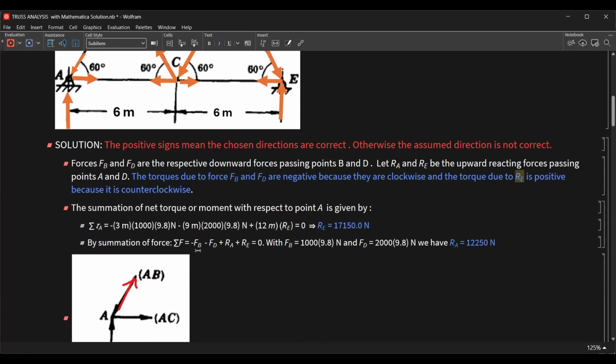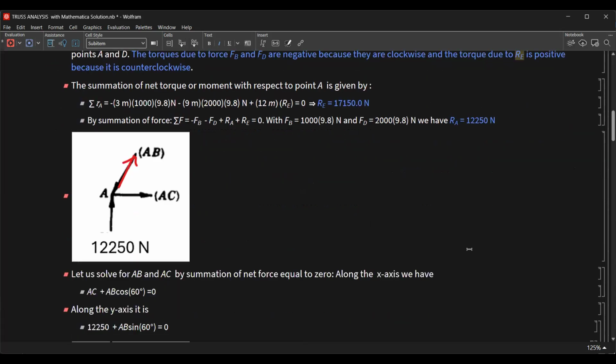By summation of forces, negative FV, negative FD plus RA plus RE equal to 0. With FV equal to 1,000 times 9.8 and FD equal to 2,000 times 9.8, we have RA, the reacting force at point A, equal to 12,250 newtons.